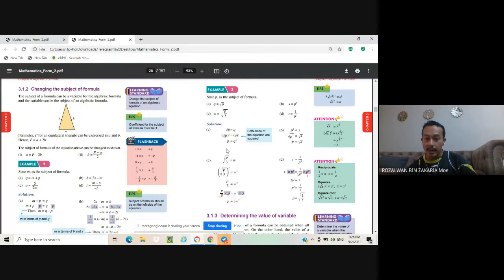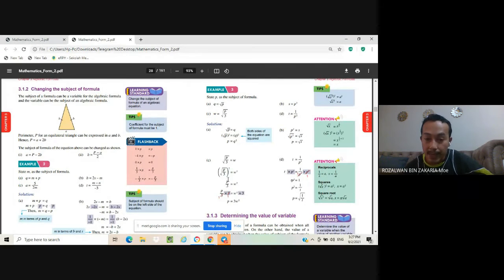That means this square root of 2P over 3, you need to square. So you need to put a bracket here, then put power of 2 here. Remember when your left side, you put power of 2 or square, your right side also, you need to put power of 2 or square here. That's why here is W power of 2.